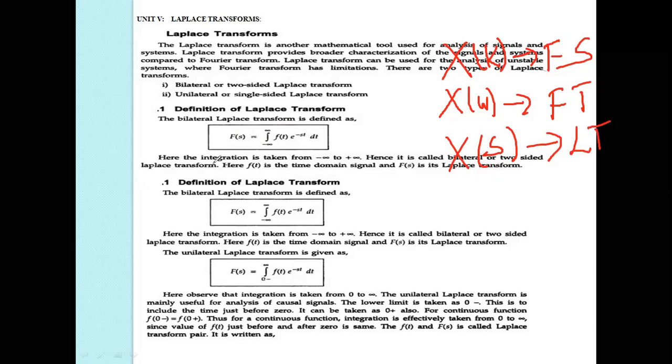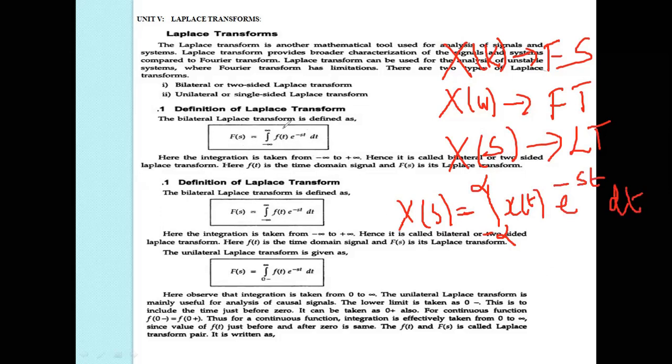Here I am taking f of t inside. So the definition says that x of s is equal to, since it is bilateral, the limits are from minus infinity to infinity, converting the time domain signal x of t: integral of x of t e power minus s t dt.